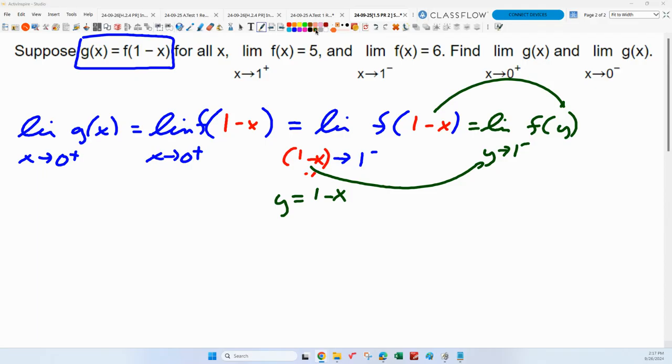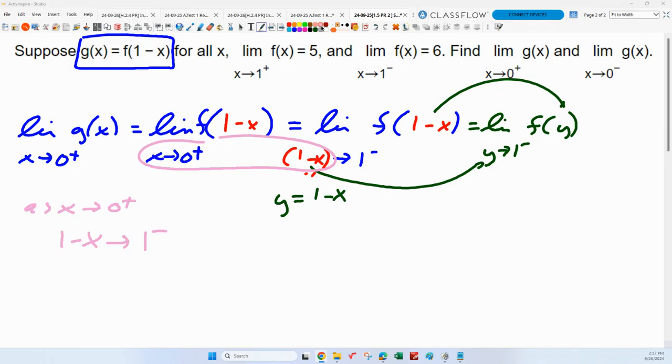If this doesn't make sense, I bet this is the place where it doesn't, that connection. Doesn't it make sense that as x approaches 0 from the right, 1 minus x, like saying 1 minus a small positive number, would approach 1 from the left? Okay, that makes more sense. You see my point?